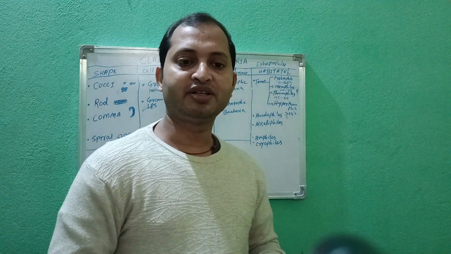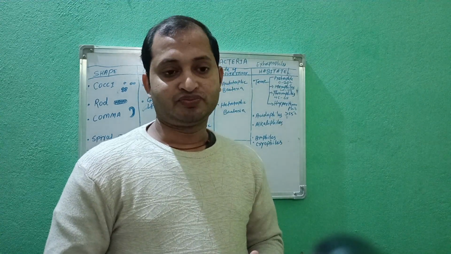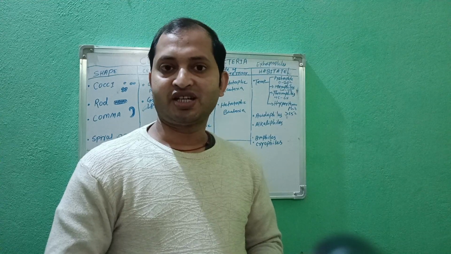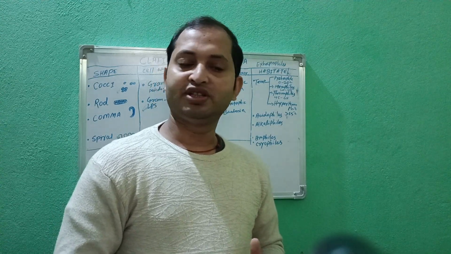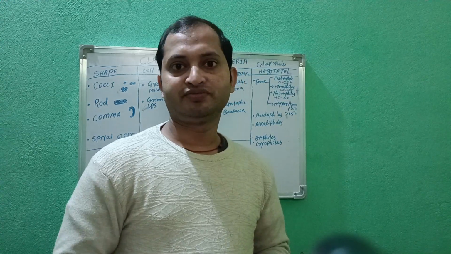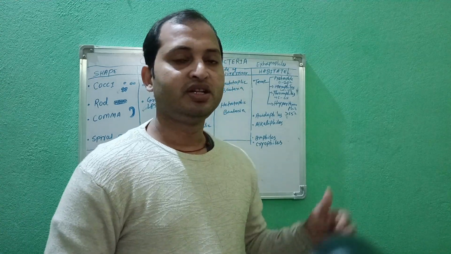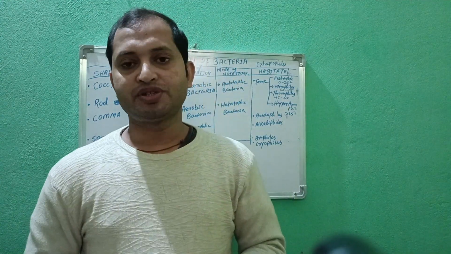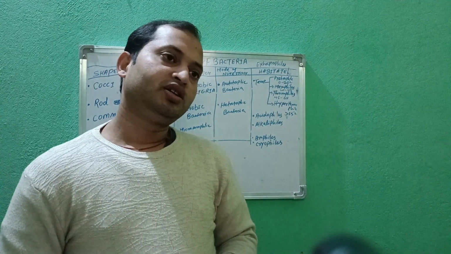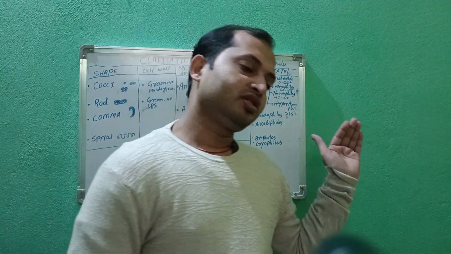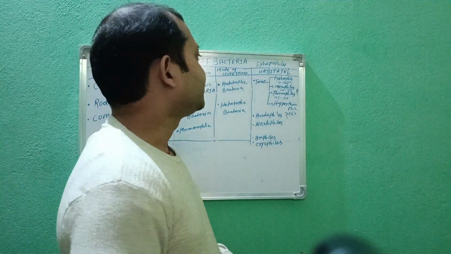Another parameter is habitat, called Nivasasthan in Hindi. Habitat is very important for any living thing, as it is where it stays and spends its life. On the basis of habitat and temperature, bacteria are also sub-categorized as extremophiles.